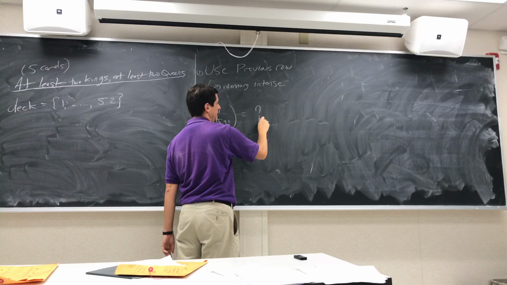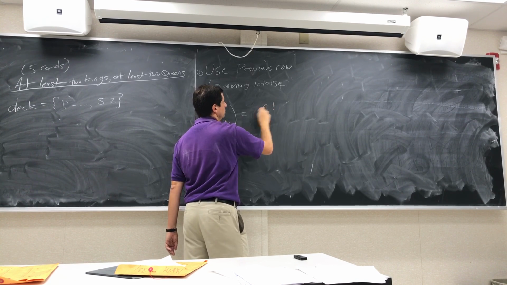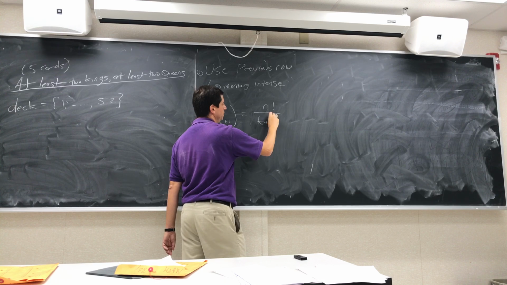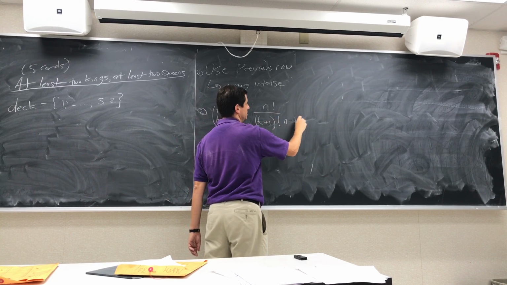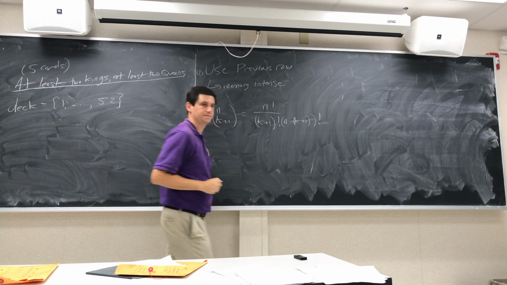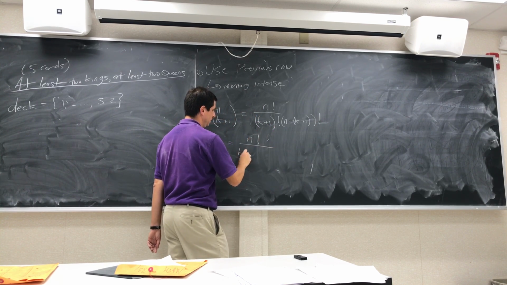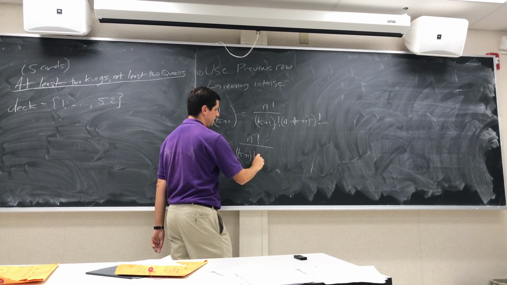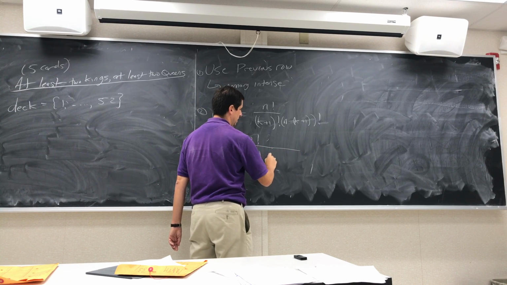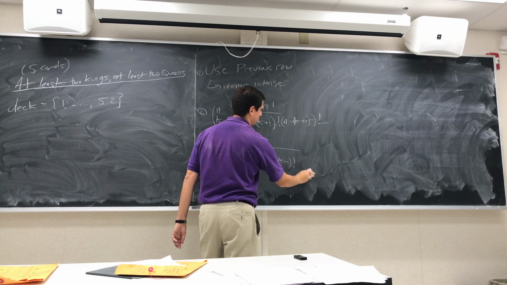This is n choose k. This is n factorial over k plus 1 factorial times n minus k plus 1 factorial. This is n factorial over k plus 1 times k factorial times n minus k minus 1 factorial.